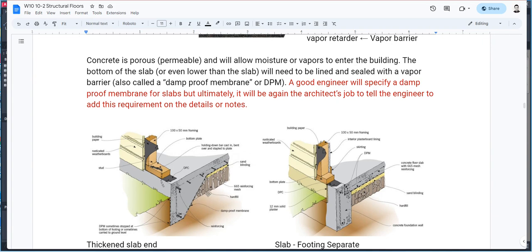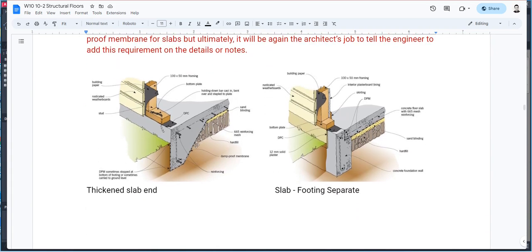up. So here's like two kinds of slabs, one that's thickened on the end, not necessarily used for houses, but maybe for sheds, or it could have a thickened end and a separate footing. And here is another detail where you have your footing and then you have your slab that's separately poured.